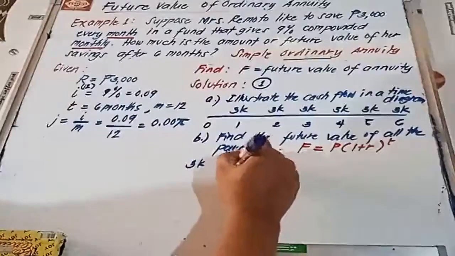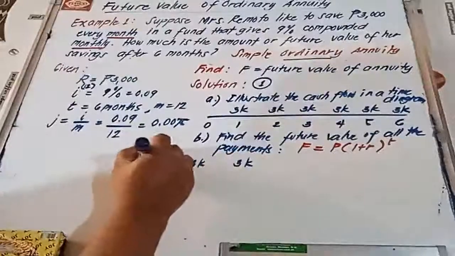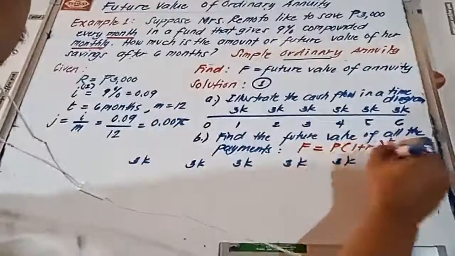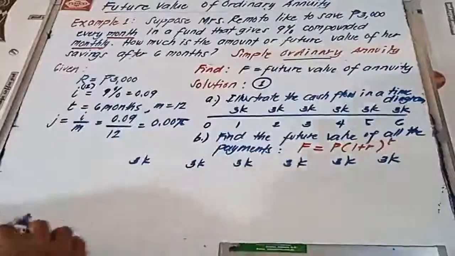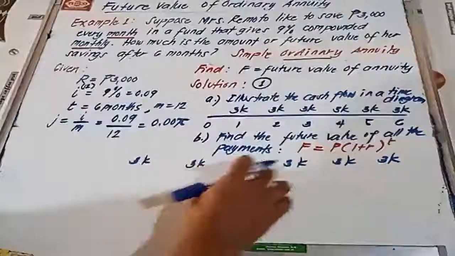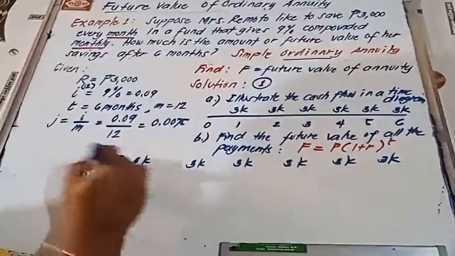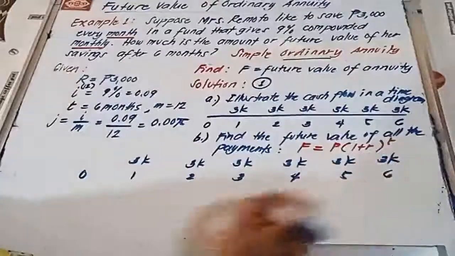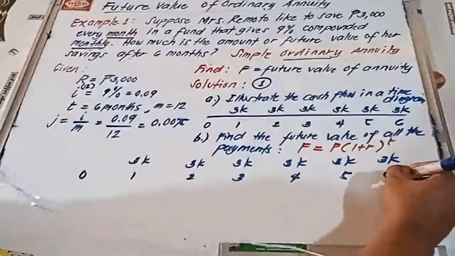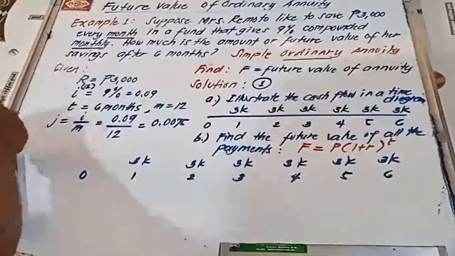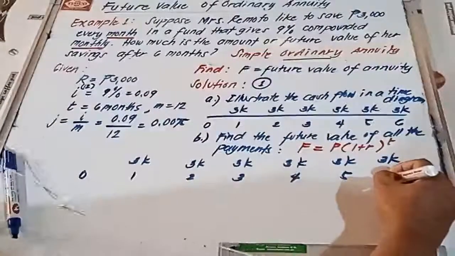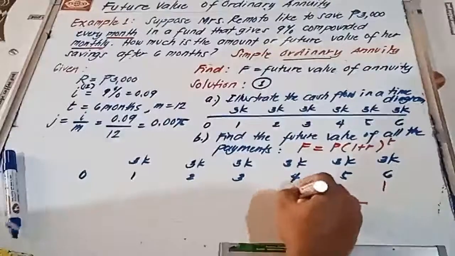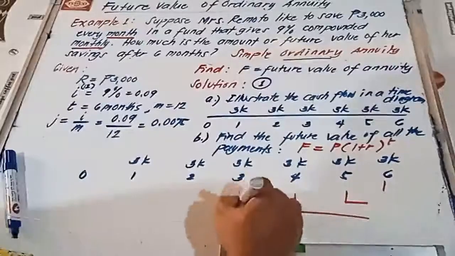Dito natin ilagay. Ito yung first, second, third, fourth, fifth, and sixth. We have here 0 month, first month, second, third, fourth, fifth, and sixth month. So, kukunin natin yung future value nito, future value ng bawat isa.